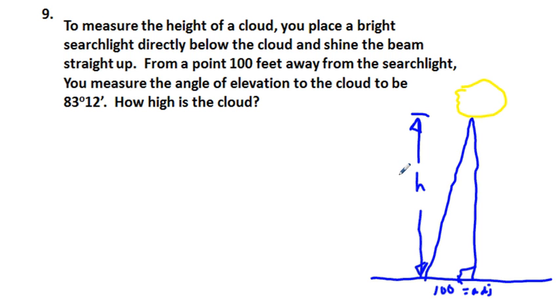Our height is going to be, surprise, our opposite. And the way I drew this, it's the same height as over here, so I drew the height over on the left side instead of on the right side, which I don't think should be a problem. Shouldn't matter, right?